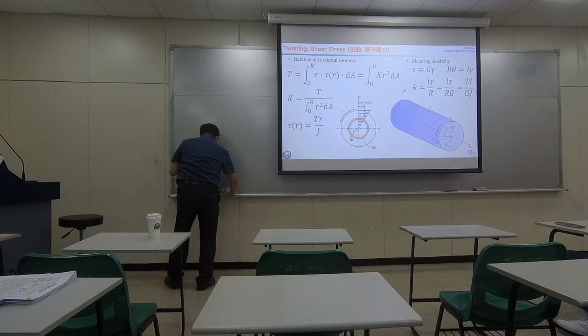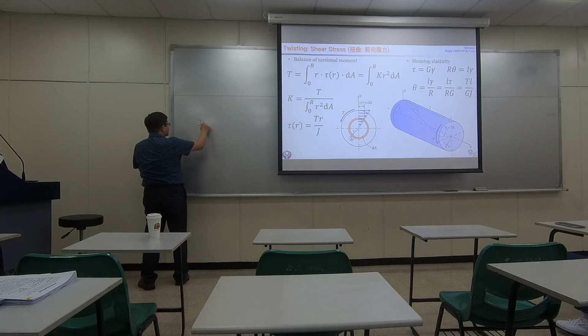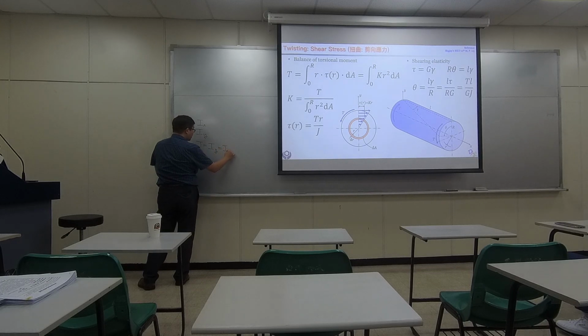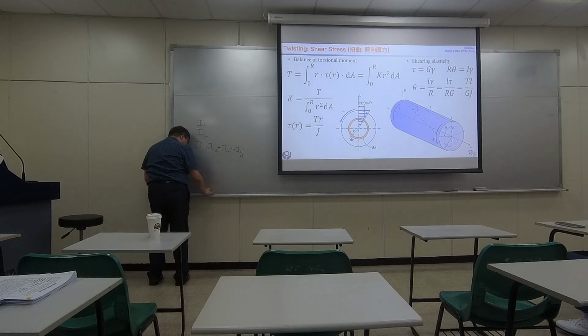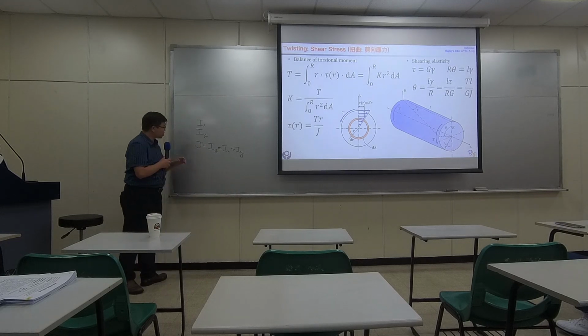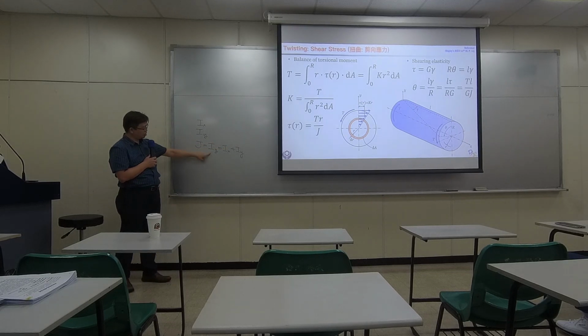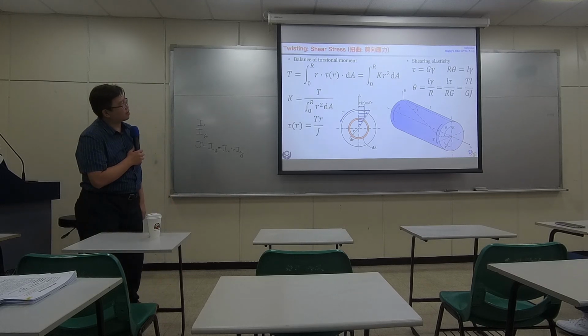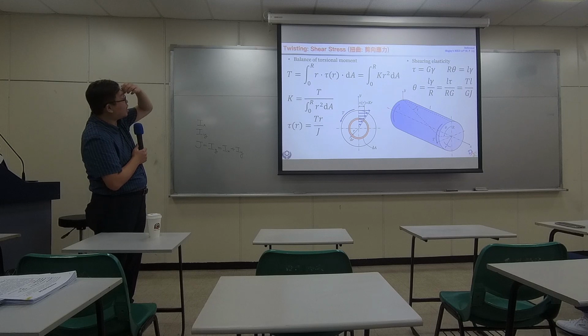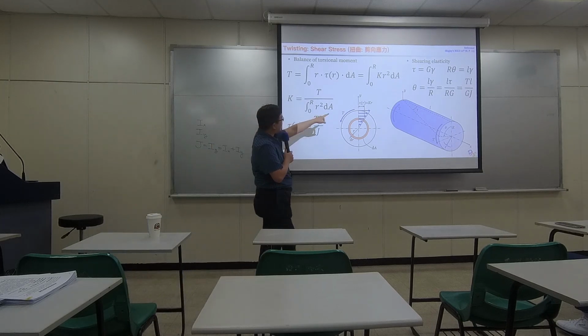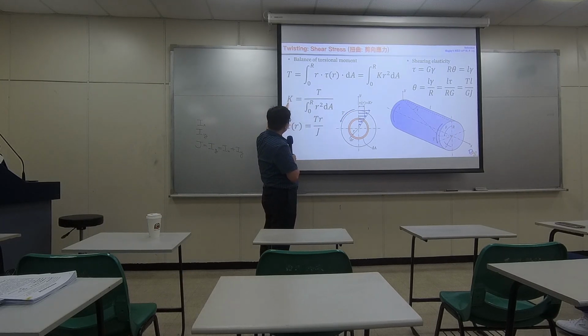If your book only gives you Ix and Iy, J, sometimes called Iz, equals Ix plus Iy. You can write it down somewhere in your notes. So in the future, if the book doesn't give you J, then it's the sum of Ix and Iy.